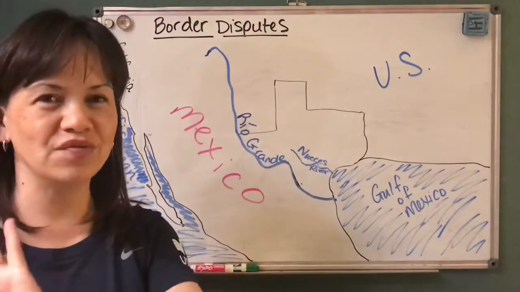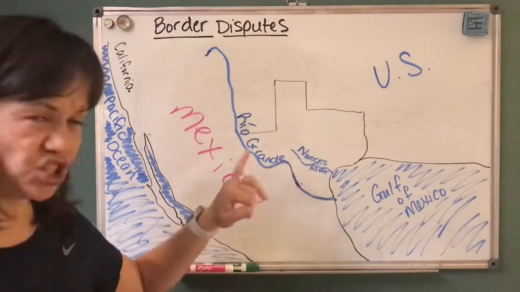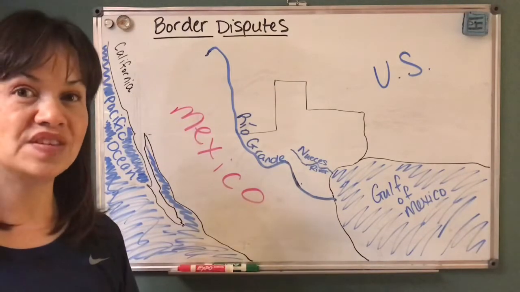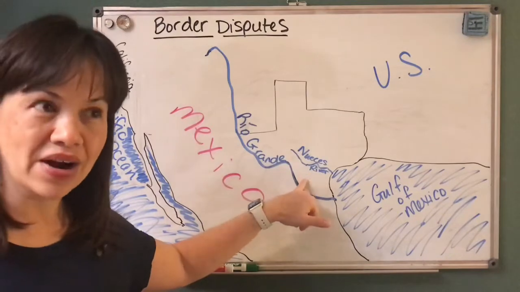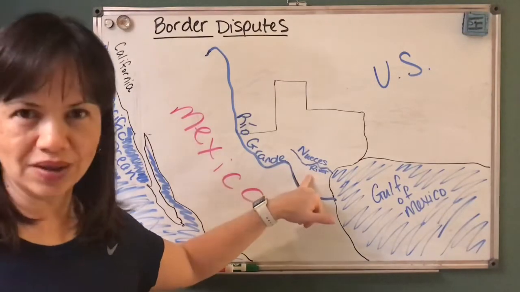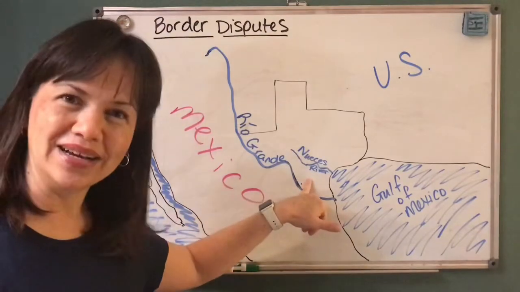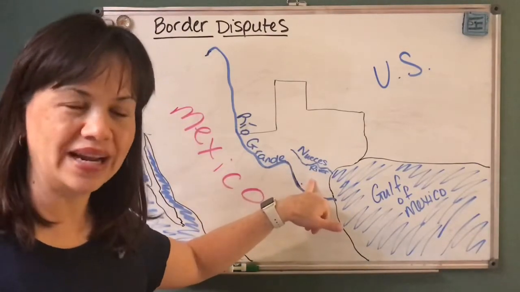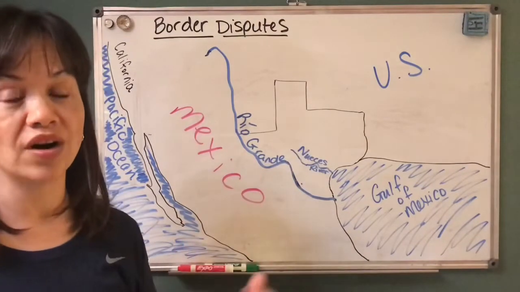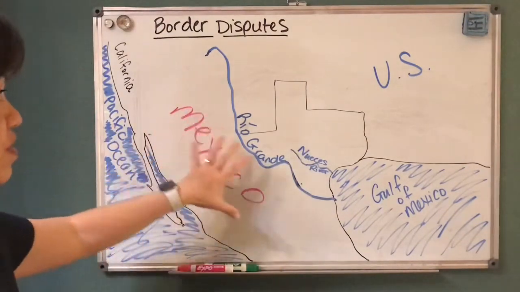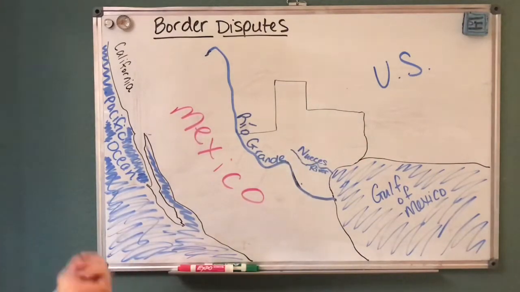Who fired first is a cause for debate, but there were shots fired and people were killed on both sides. The United States said that American blood was shed on American soil. But Mexico said, no, you invaded our territory, and we're just defending our territory. Because of this, the United States declared war with Mexico. And this is what started the Mexican-American War.